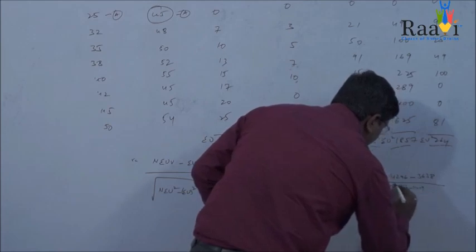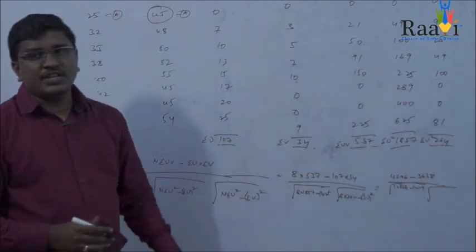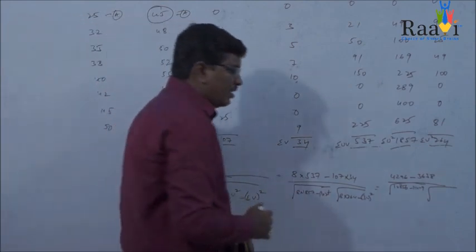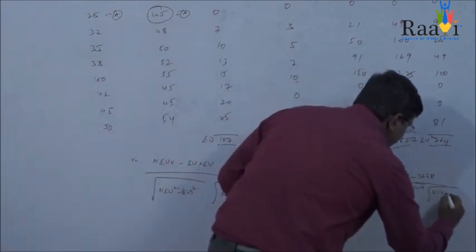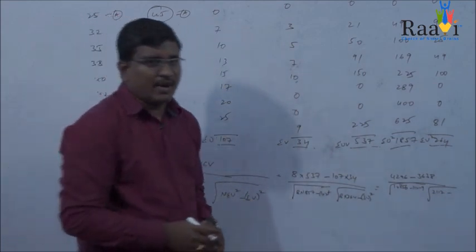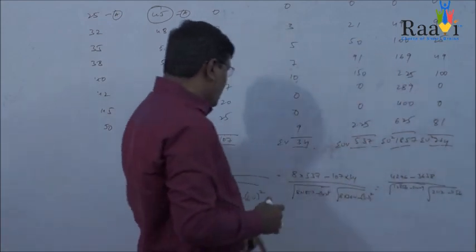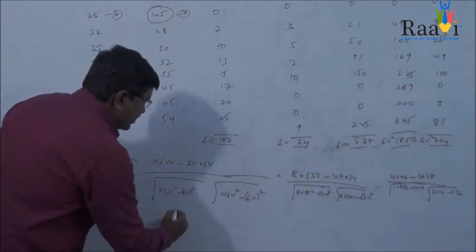Next under root, 8 into 264, we will be getting a value of 2112, minus 34 whole square, which is 1156.